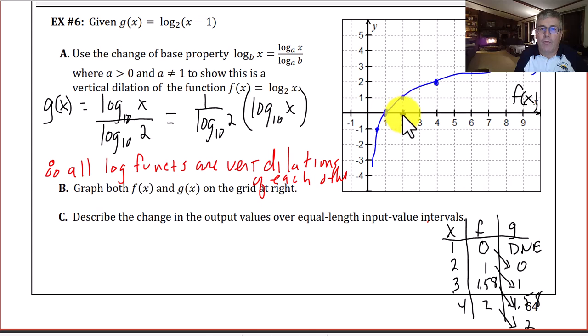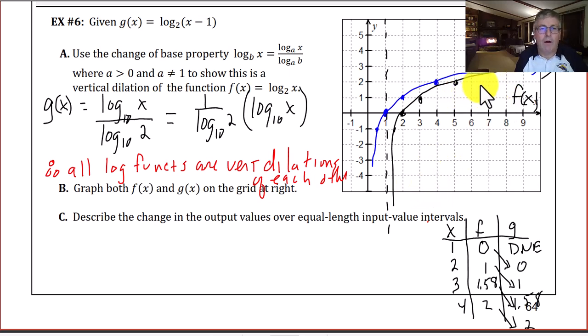So for our new graph, each one of these points, our x value is going to be shifted 1 unit to the right, and we get a graph. We'll have an asymptote at x equals 1, and that will be our function.